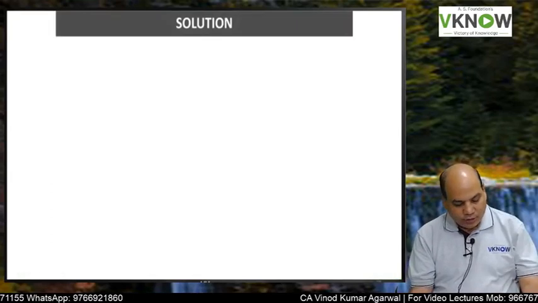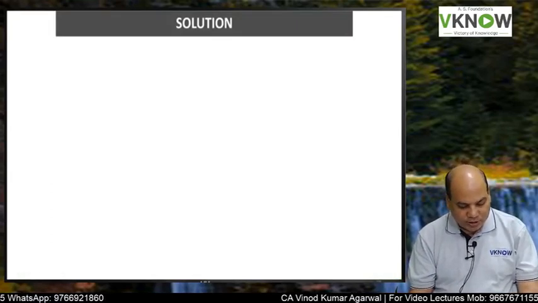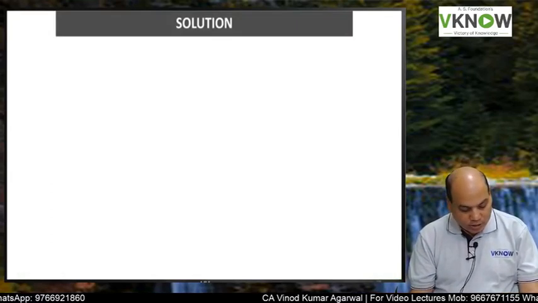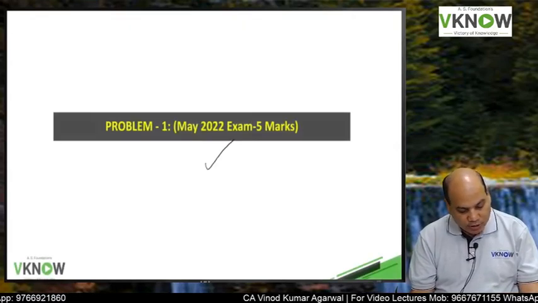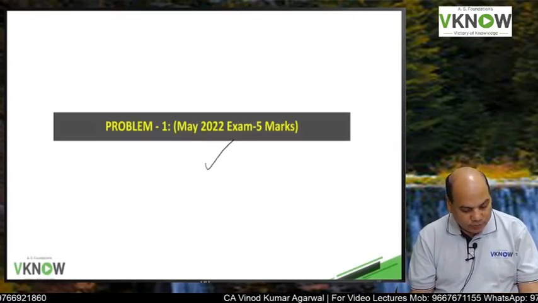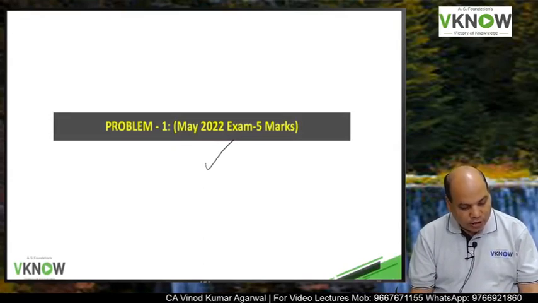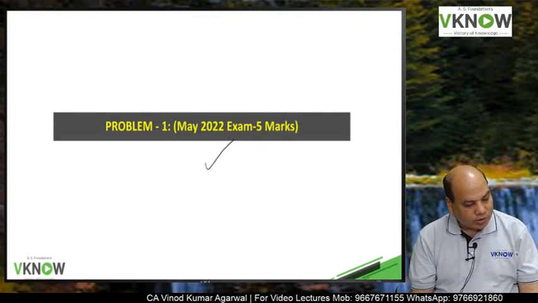So I will read the question from your book, the same question presented in a different format. Question number 1, you will find it towards the end of the chapter. Balance sheet of X Limited is given below. Equity, retained earning, 11% debenture, public deposit short term, so that is current liability.